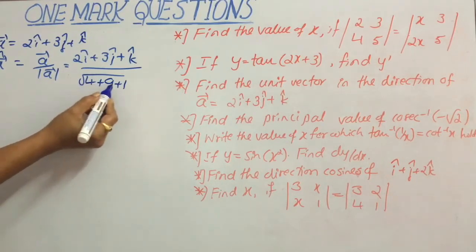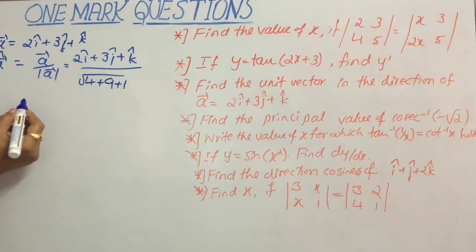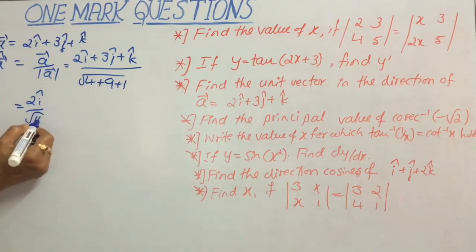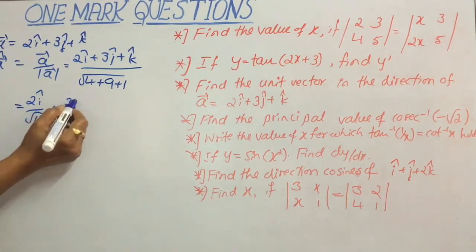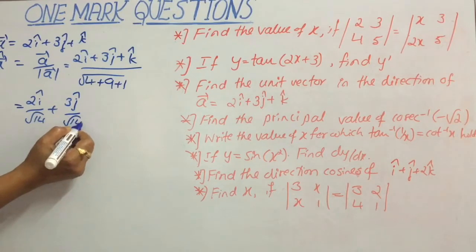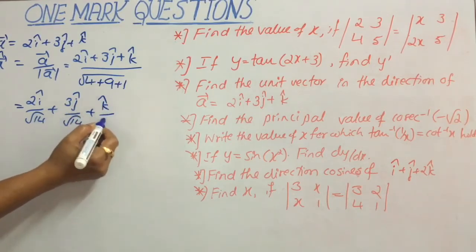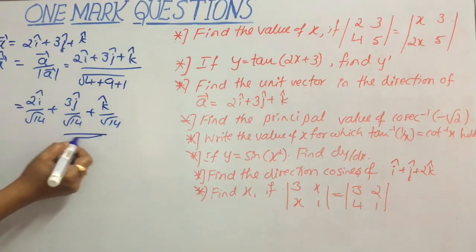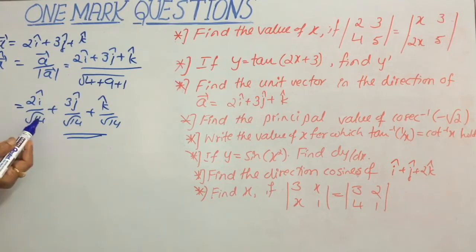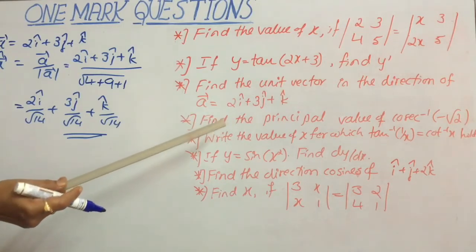That is 9 plus 1, 10, plus 4, root 14. It can also be written as 2i cap by root 14, 3j cap by root 14 plus k cap by root 14, which is the required unit vector in the direction of vector A. Consider another question.